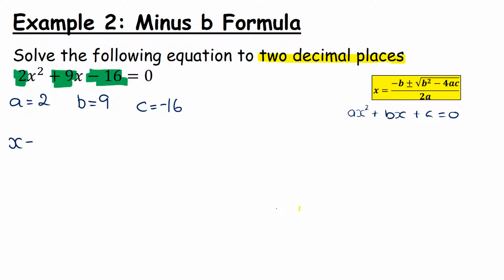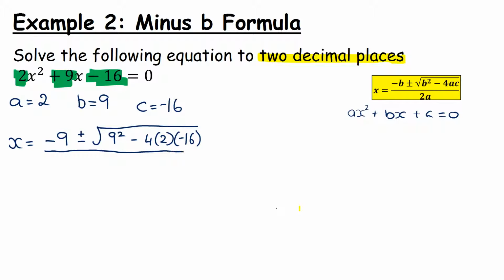So x equals -9, so minus b, plus or minus the square root of b squared minus 4 by a by c. And this is all over, and do follow your formula, it's all over 2a. Now, apologies, it should be all over 2a, and a is 2, so we sub in 2.